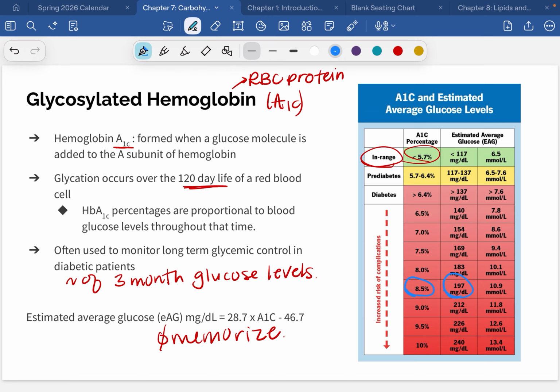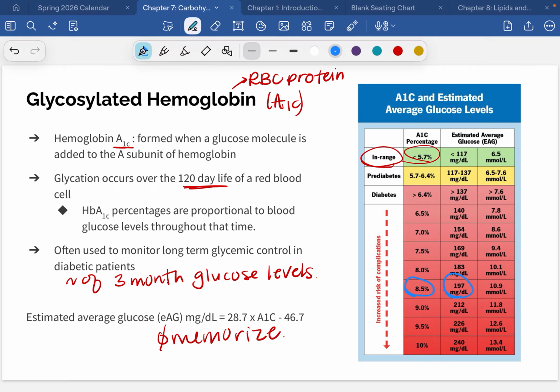So you can see, again, this can't be affected by recent diet. This is not something that can be faked, unlike a fasting glucose. A fasting glucose can be kind of padded a little bit. If somebody controls their diet a couple of days before they have their blood drawn, their fasting glucose can appear more normal. But this glycosylated hemoglobin gives a much more accurate picture.